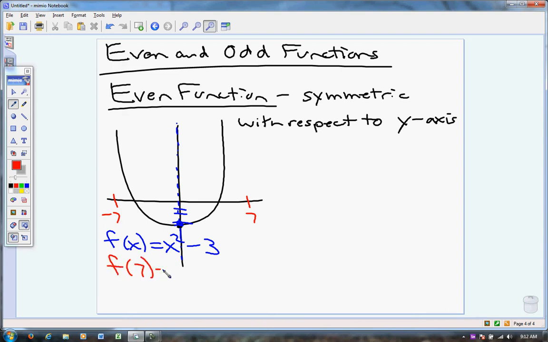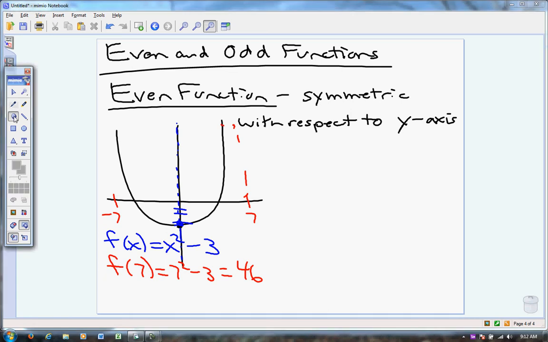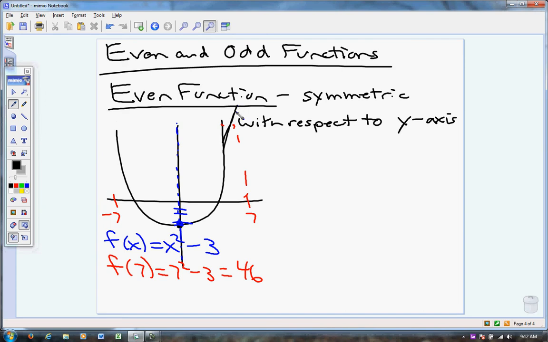What is f of 7? Well, it's going to be 7 squared minus 3. So 49 minus 3 is 46. Okay, so this y value up here, okay, and I'm kind of out of room on my graph. Okay, my graph should be coming up this way a little bit more. That y value right there is 46.